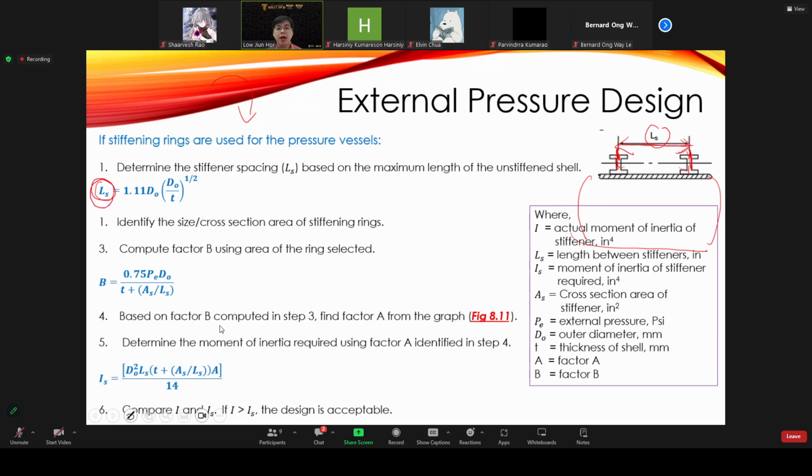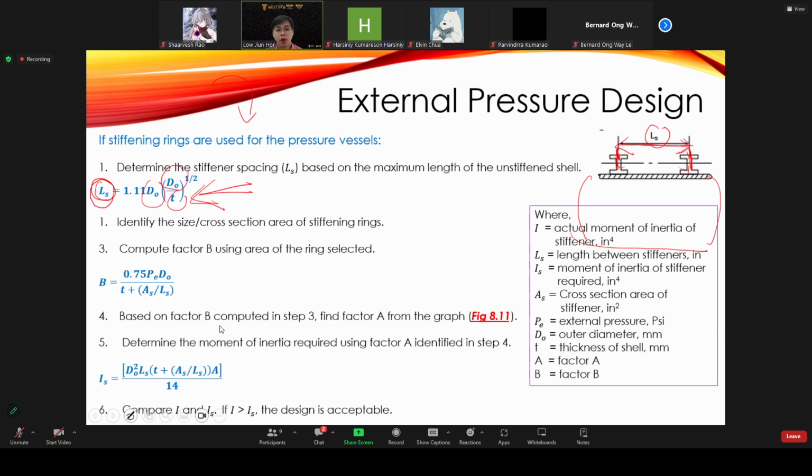Okay, if the interval of the stiffener is not provided in the question and you want to calculate it, then this is the equation we apply, with the outer diameter and thickness.